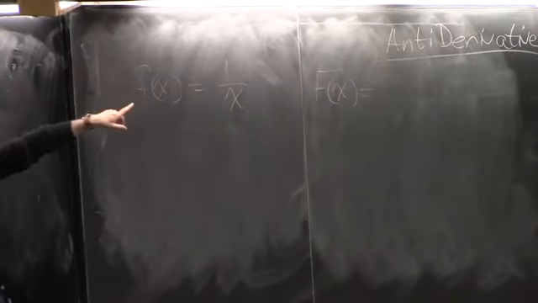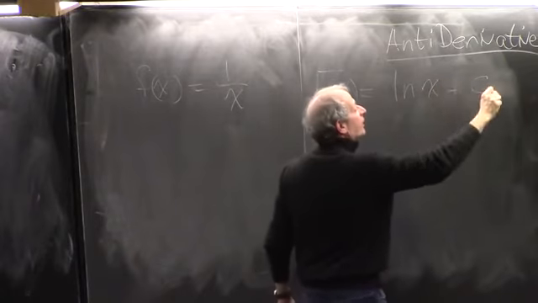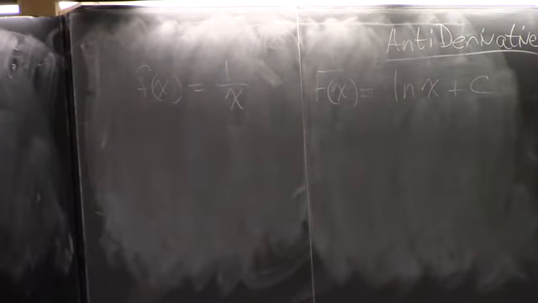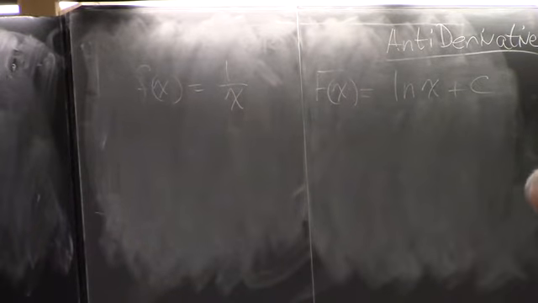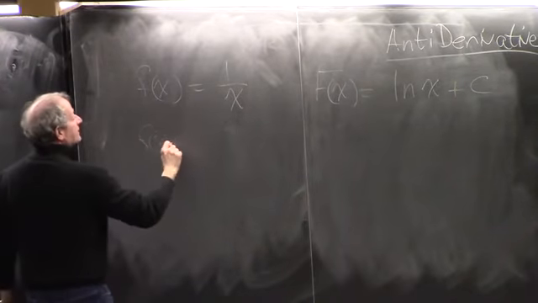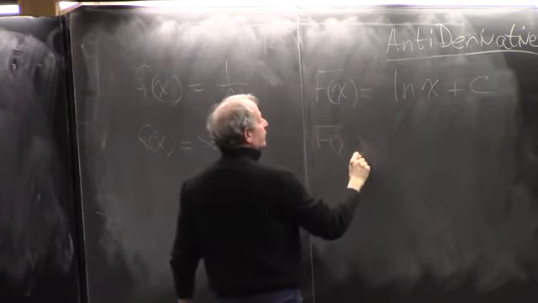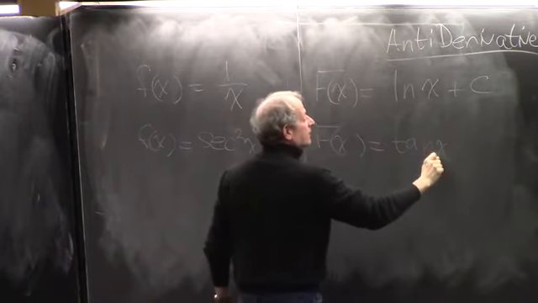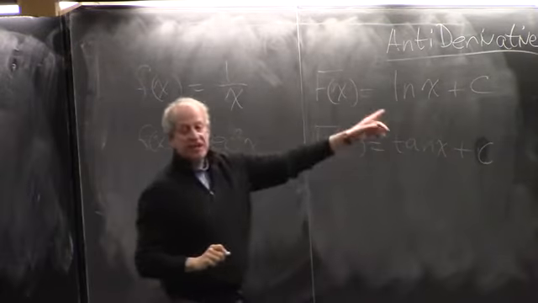Okay. f of x is 1 over x, and the antiderivative is natural log of x plus c. Because the derivative of natural log is 1 over x. Not too many more. f of x is secant squared x, then the antiderivative is tan x, because the derivative of tangent is secant squared.